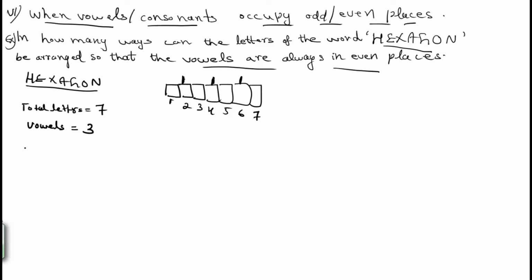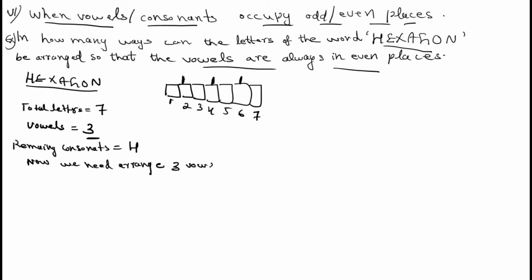Then if you take the 3 vowels, what are the remaining consonants? It's equal to 4, because 4 plus 3 equals the total letters in the given word. Now we need to arrange how many vowels? 3 vowels in how many places? 1, 2, 3, because you need to place vowels in even places only.